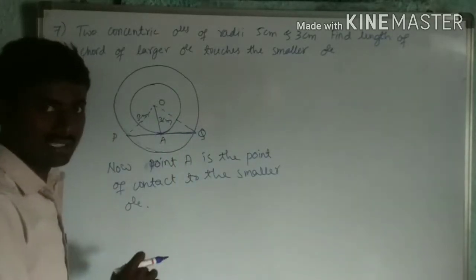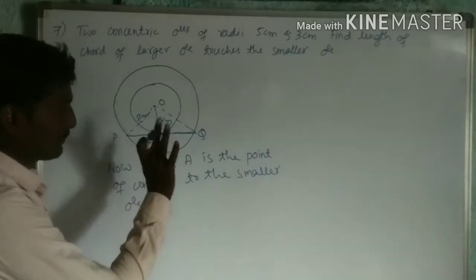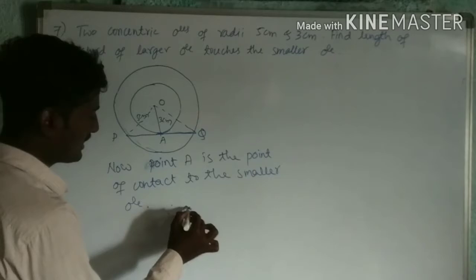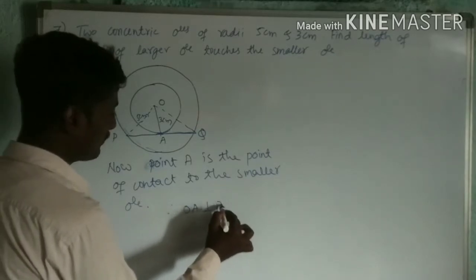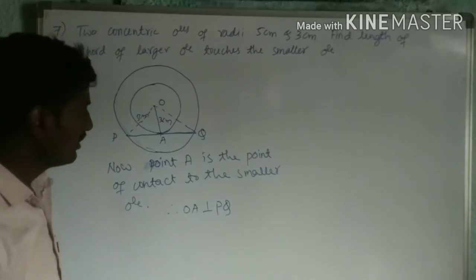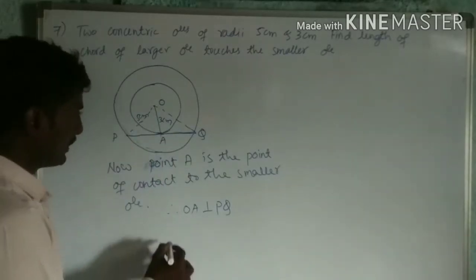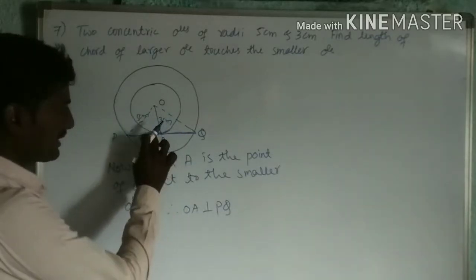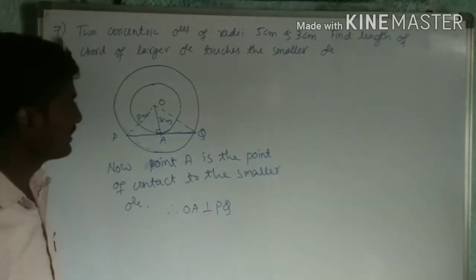OA will be the radius of the smaller circle. Therefore OA is perpendicular to PQ. I can write directly, therefore OA is perpendicular to PQ because PQ is a tangent. OA is perpendicular to PQ means this angle is how much? 90 degree. So here this is 90 and this is also 90.